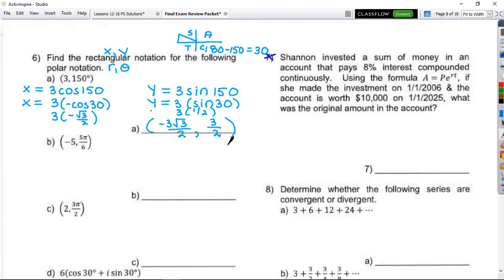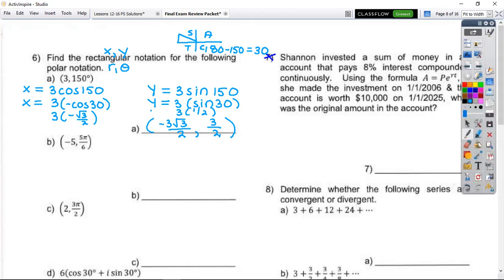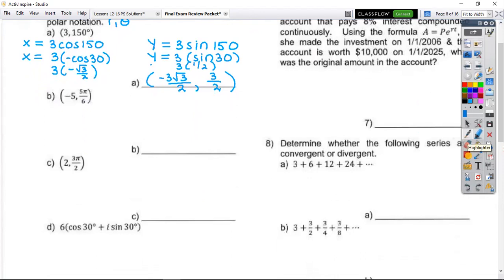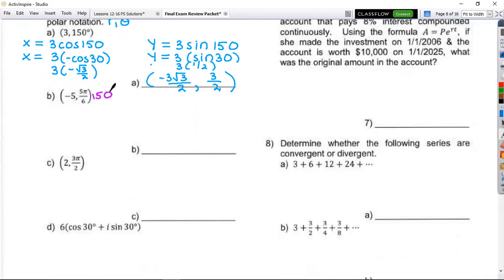Same thing with C, but the only difference is you have to convert that first. So letter B, 5 times 180 divided by 6. Is that 150 again? I thought so. Yep, 150 again. You're going to do the same exact thing as above, and we'll be able to use all those angles again. This will be fast.